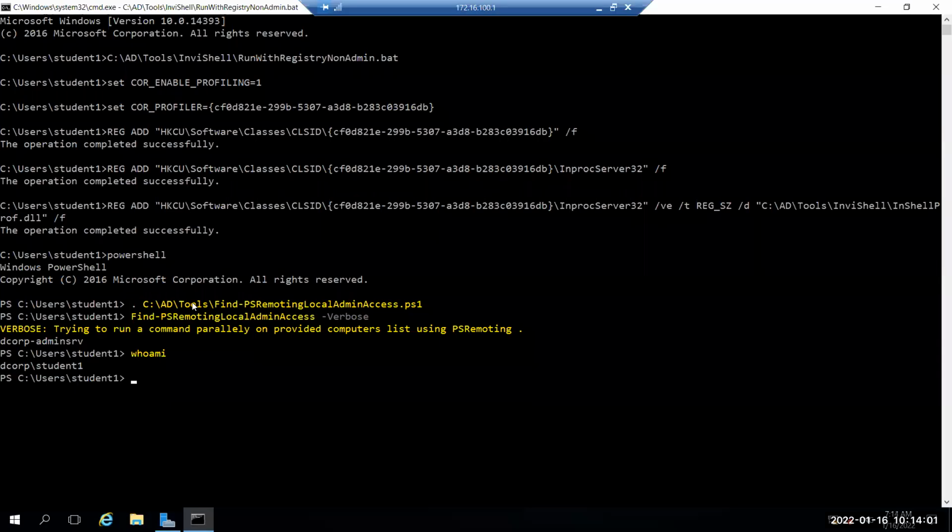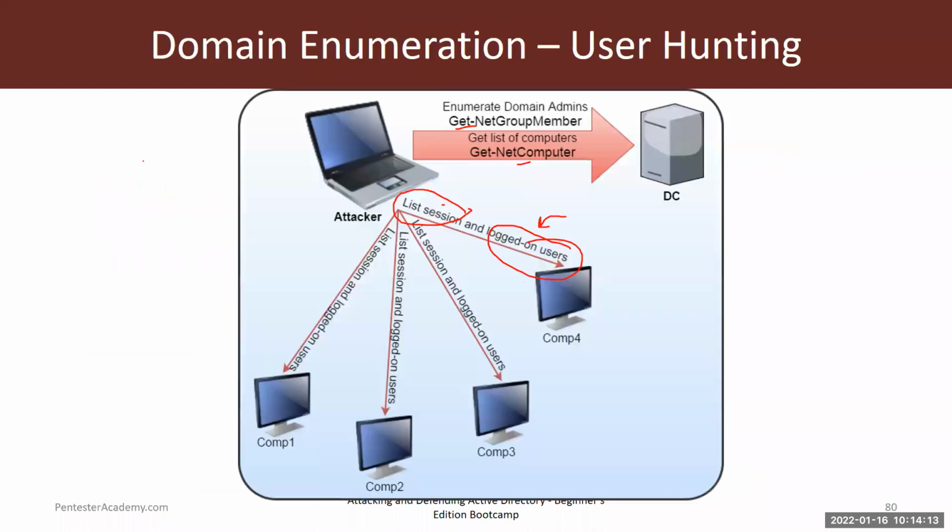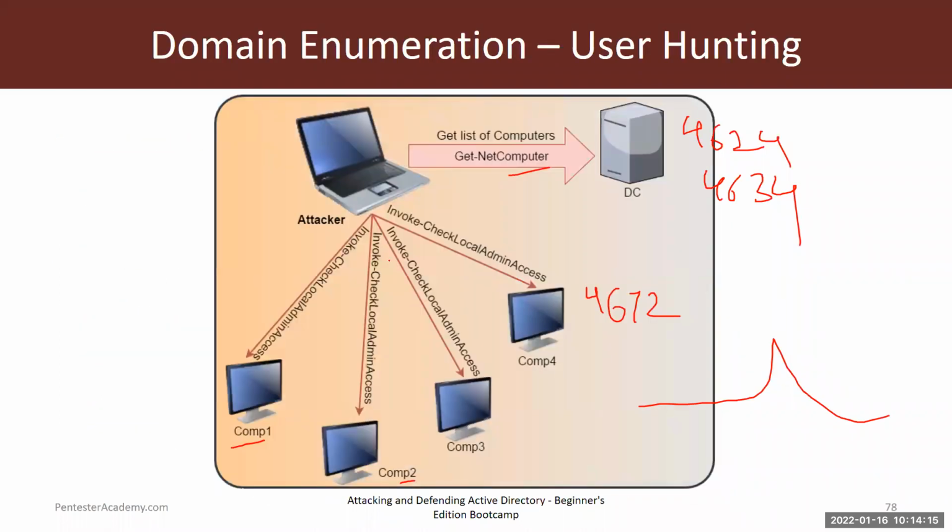So I was saying, when we run this script, that script tries to find out if your current user has local admin access on any other machine in the domain.